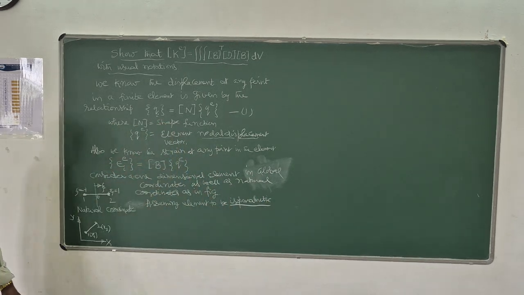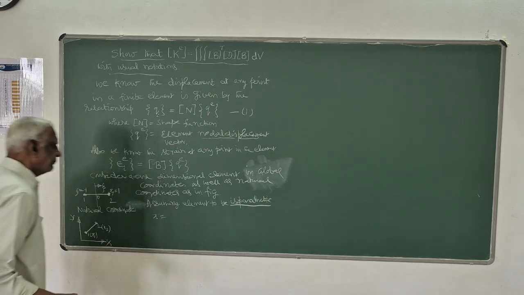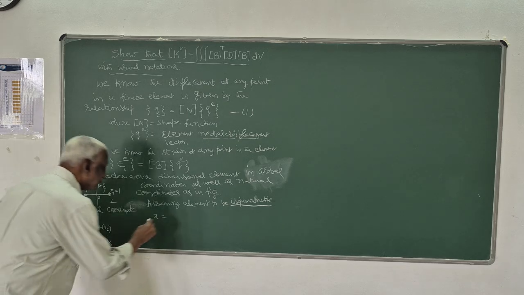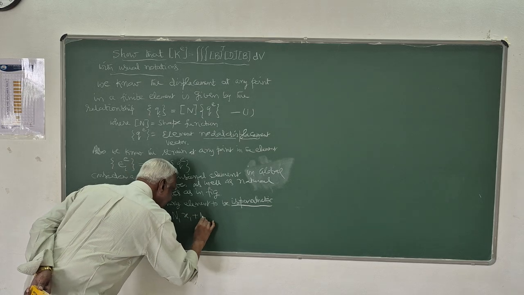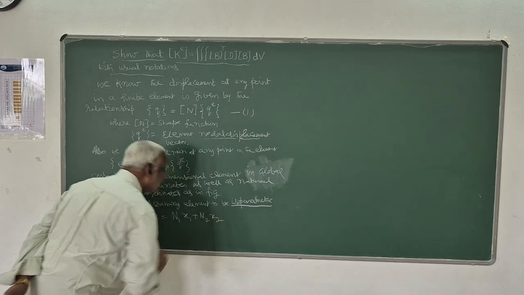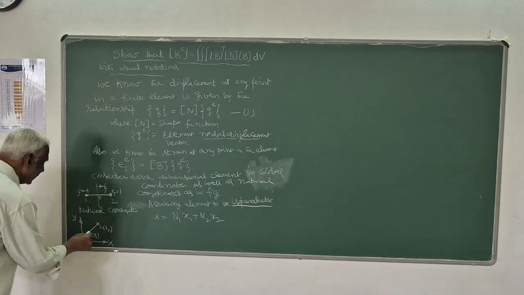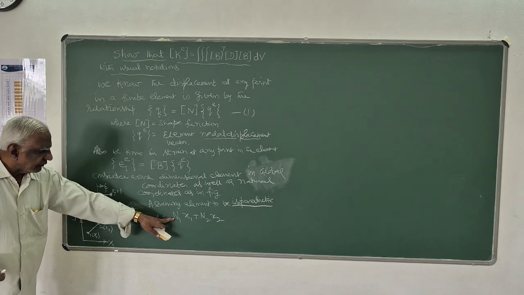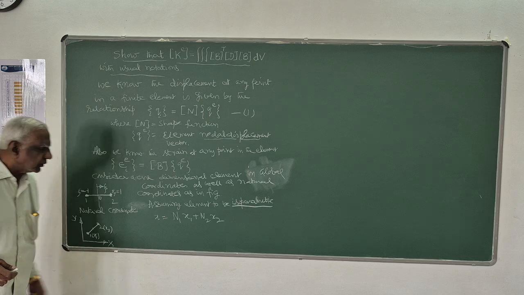Assuming the element to be isoparametric, the coordinate at any point is given by x equals N1 x1 plus N2 x2, shape function at node 1 times x1 and shape function at node 2 times x2.